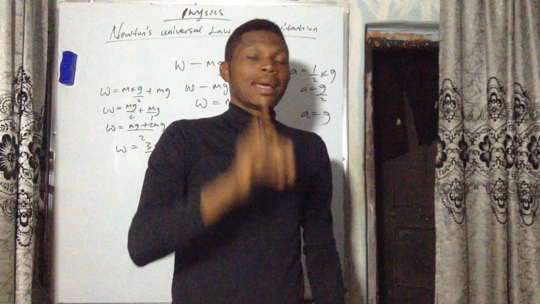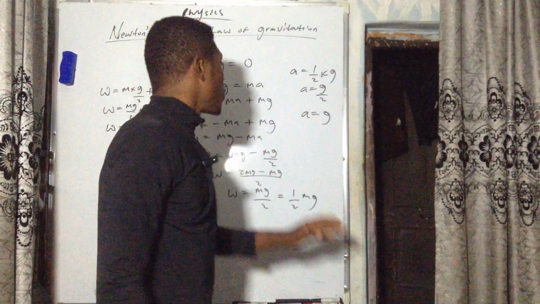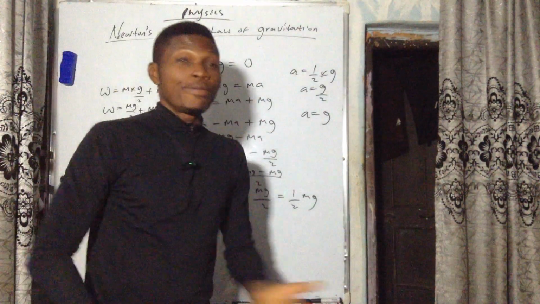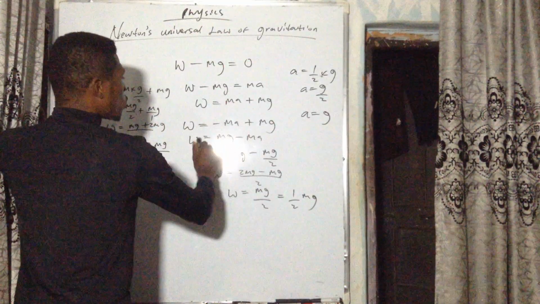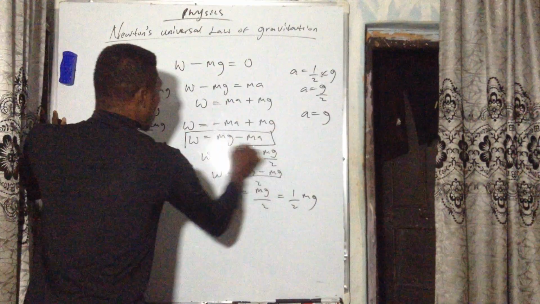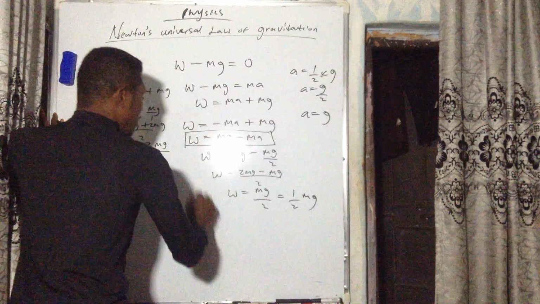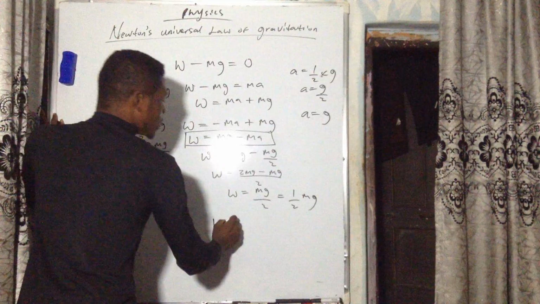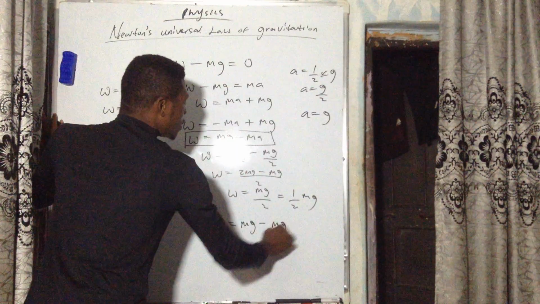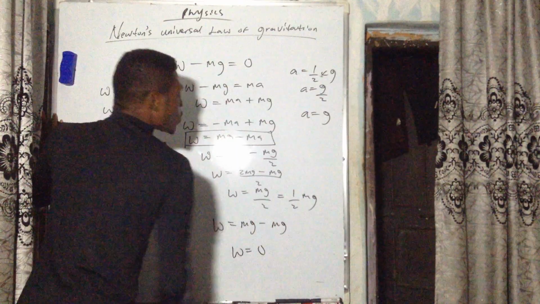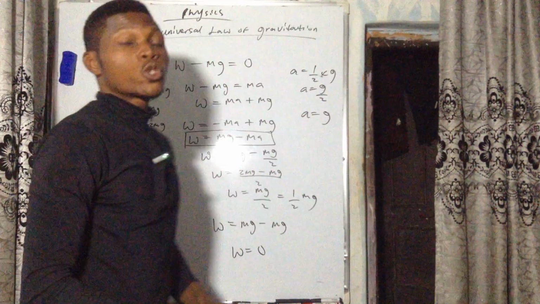Okay? In that condition, there will be no reaction on you. You will feel weightless. So using this equation, W, your apparent weight, will be equal to mg minus mg. So your apparent weight is equal to 0, because you are falling.